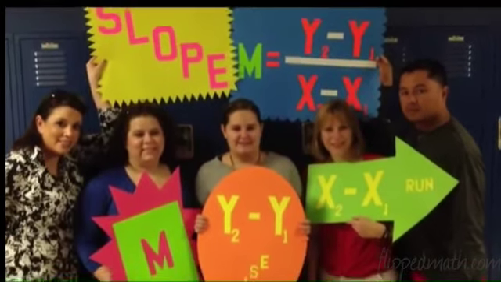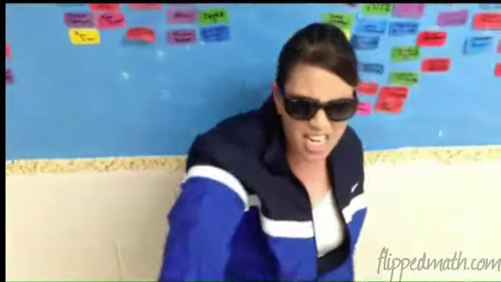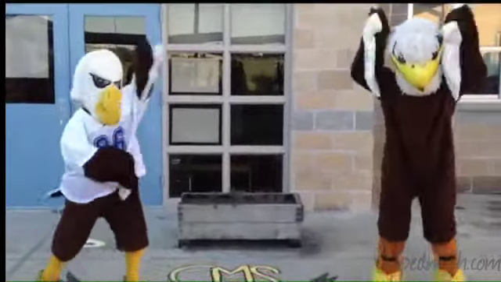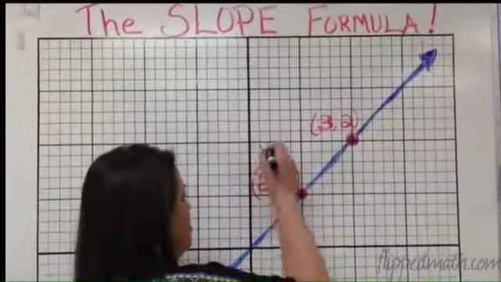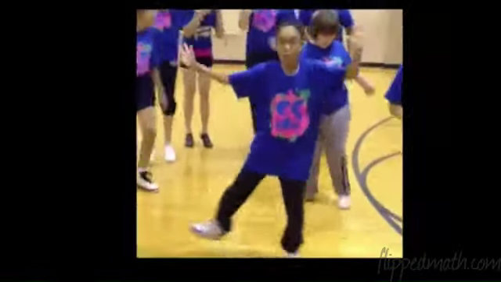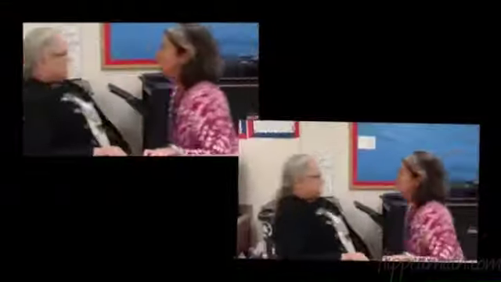This is called the slope. The slope formula is super easy. It helps you find rise over run. When it's done, it can be fun. X2 minus X1 is the run. The slope formula style.